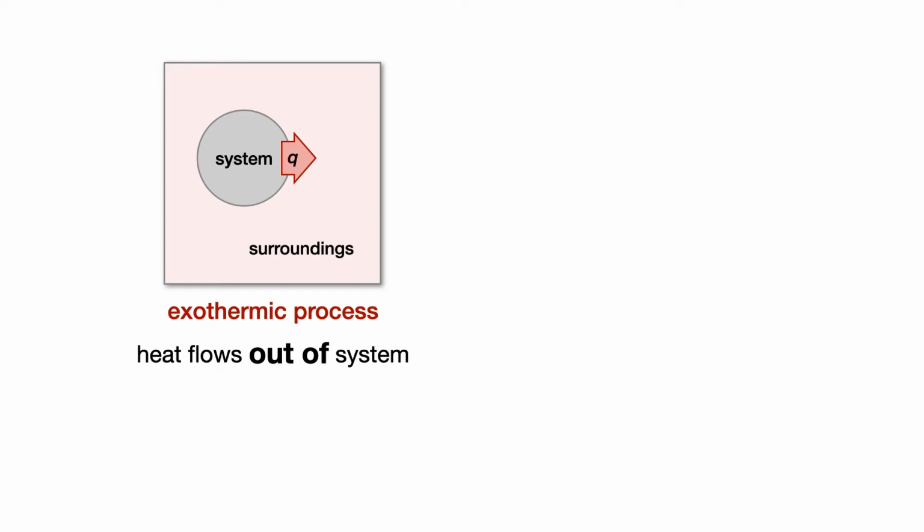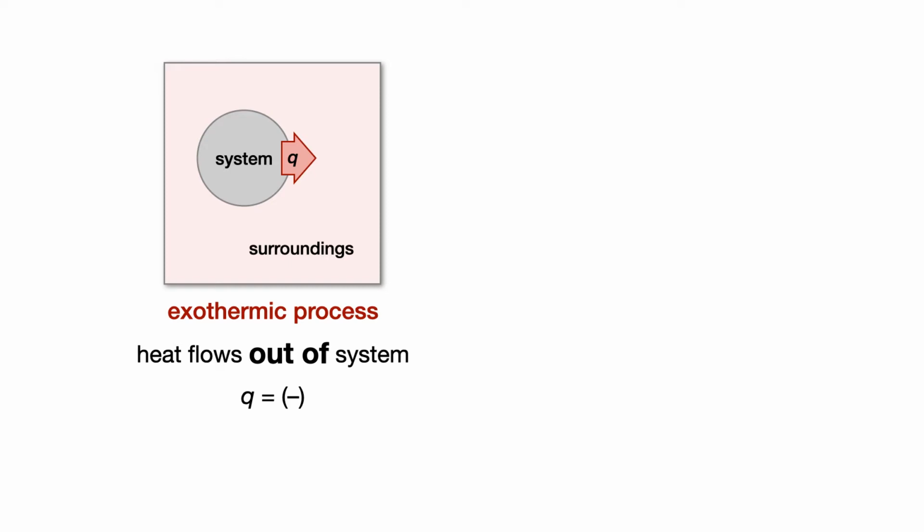The sign convention is that if heat is flowing out, the system is losing energy, and so the heat is given a negative sign. So the Q for an exothermic process is negative.